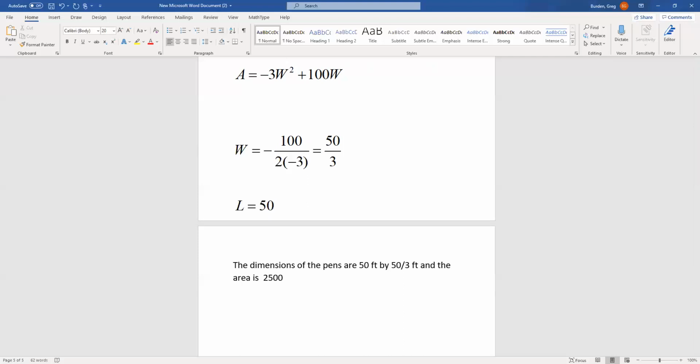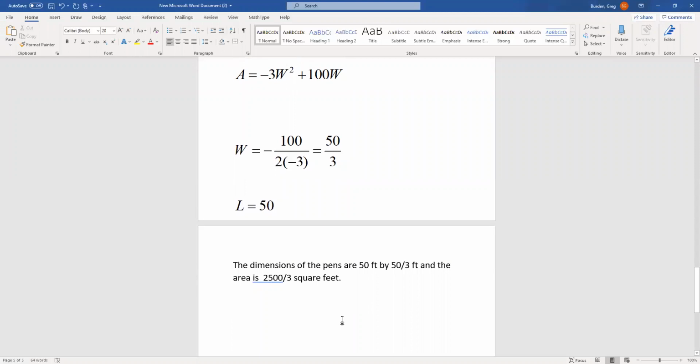So the area is 2,500 thirds square feet. And that's all there is to that.